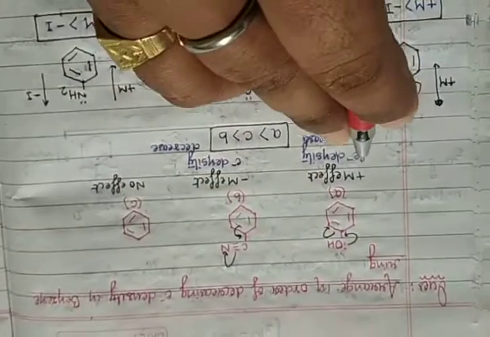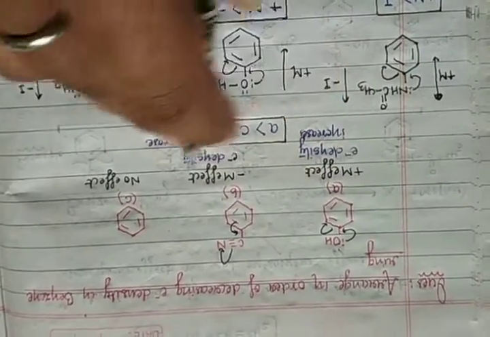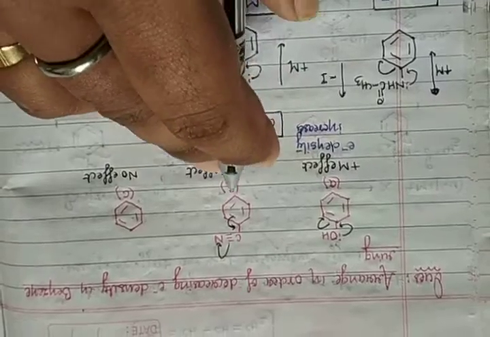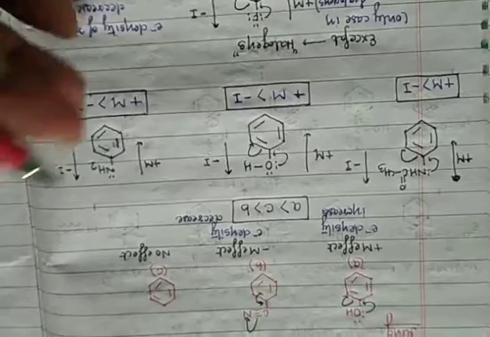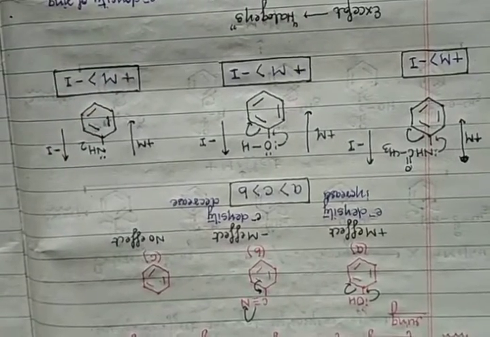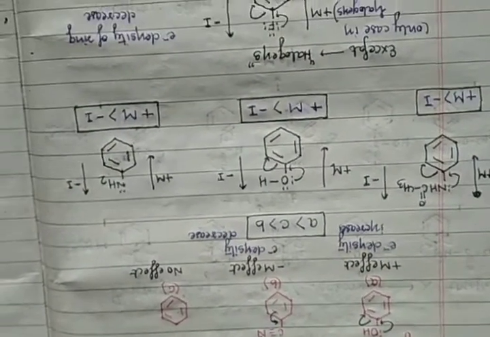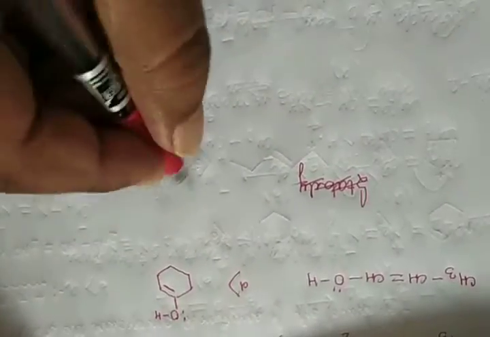So you know the plus M effect is more stable, and then C and then B, because in this case stability decreases as electron density decreases. So note down in your notebook how to check the stability order.